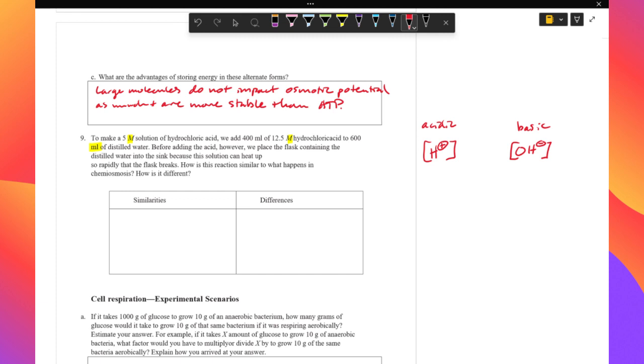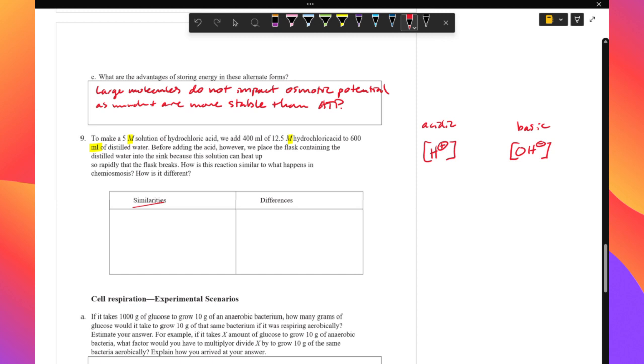So in both processes, we're going to look at our similarities first. In both processes, we add the acid to the water. We generate a difference in concentration between the two, or a proton gradient. We create a hydrogen ion gradient.